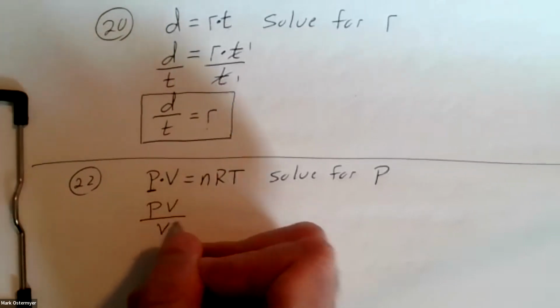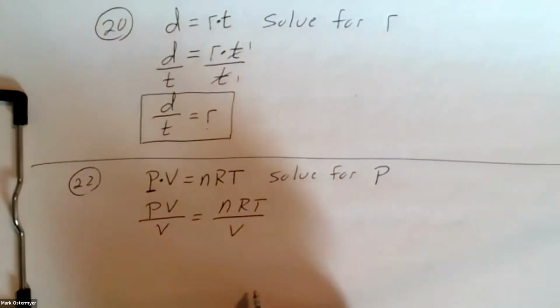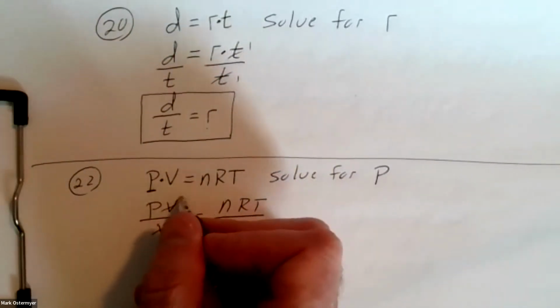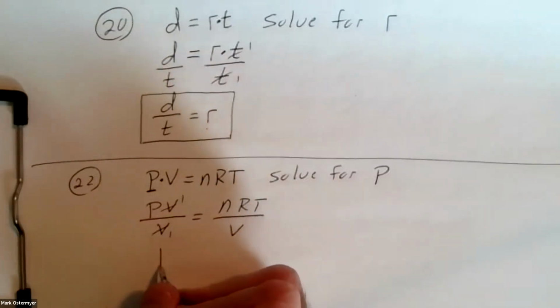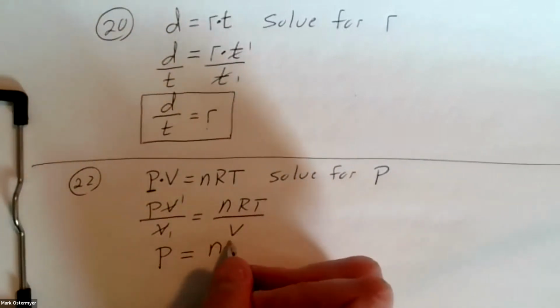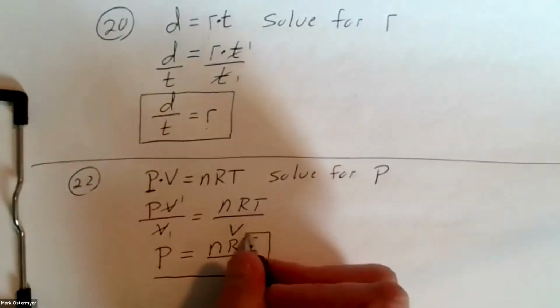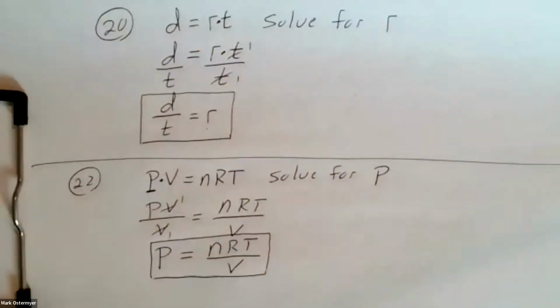So I divide the left side by V, and I got to divide the whole right side by V. When I do that, the V's on the left side reduce out, leaving me with 1P or P all by itself. And that's what it means to solve for P. So P is equal to N times R times T divided by V, and we're done with this problem. We have solved that formula for the variable P. And everybody understand how I just solved that formula for P by dividing both sides by V?